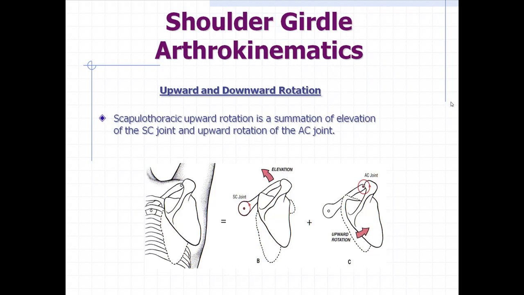Again, this can be assessed by applying inferior pressure on the clavicle itself to see whether the clavicle is capable of moving downwards relative to the acromion process. It's difficult to take hold of the acromion process and shear it upwards, so it's easier to move the clavicle rather than moving the acromion process.